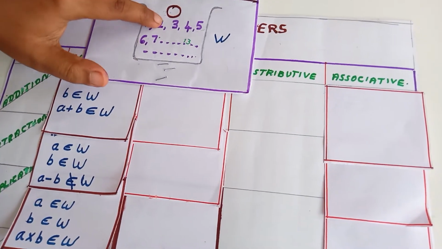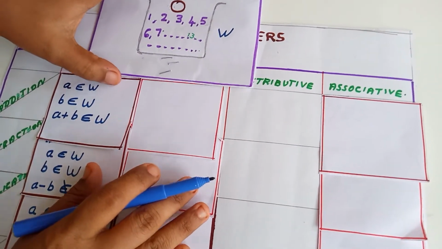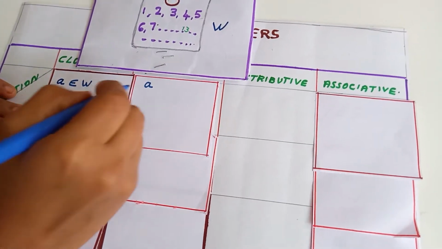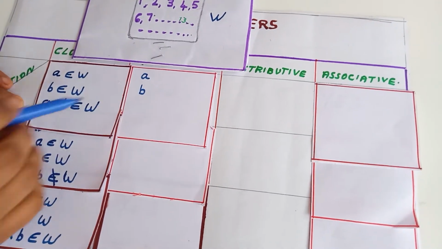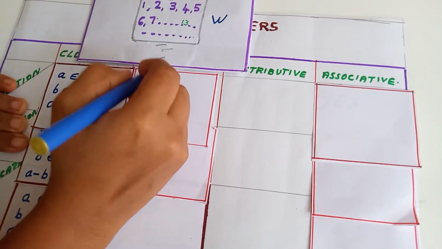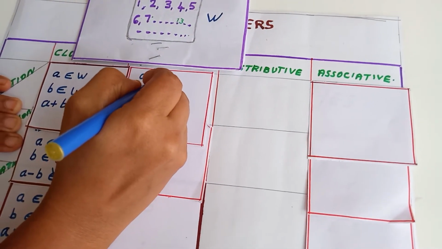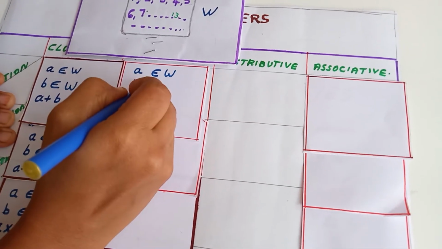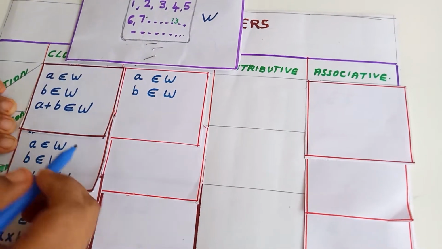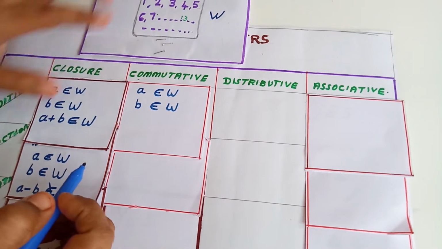Instead of taking two numbers, here I am taking the same variables A and B. From where did I take these two variables? From the whole number set. So A belongs to W and B also belongs to W. And what is the commutative property?